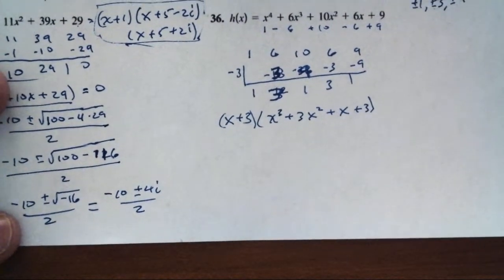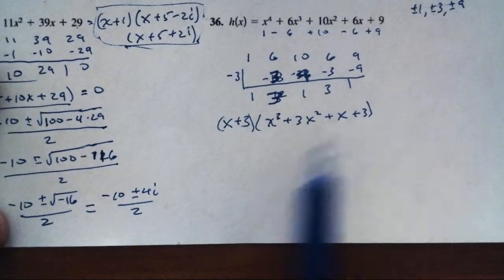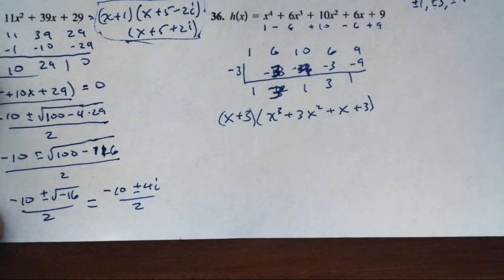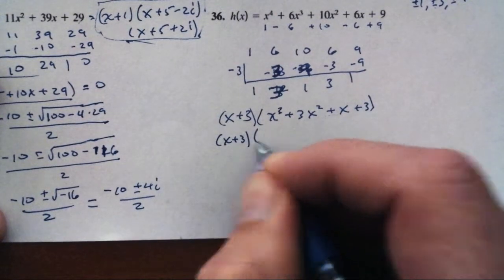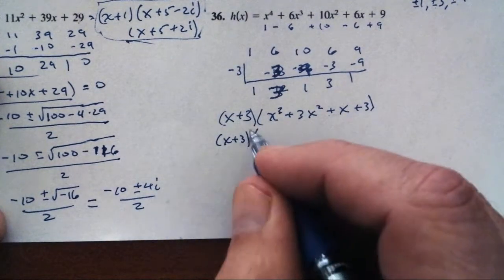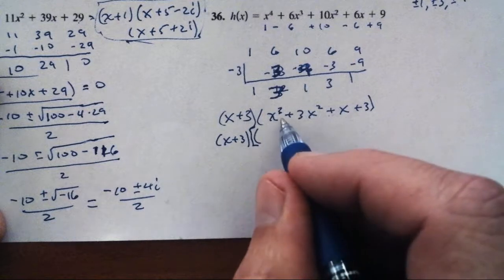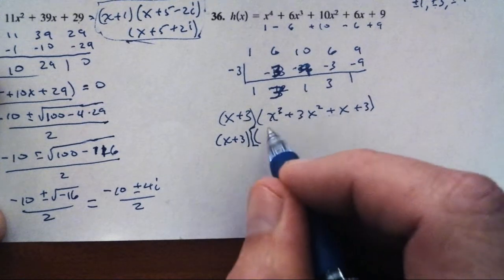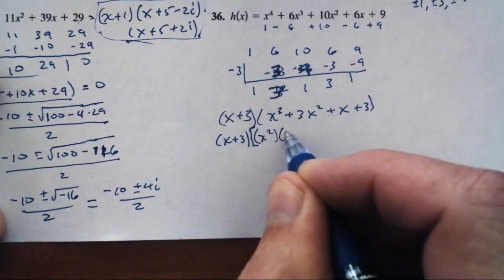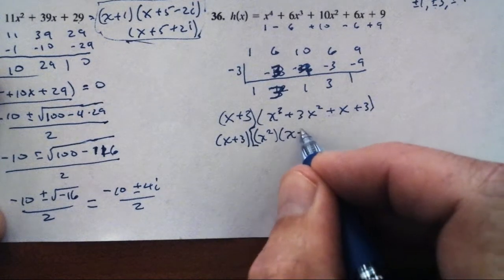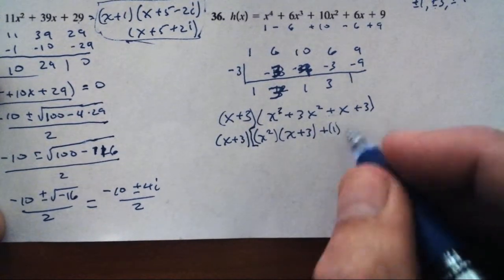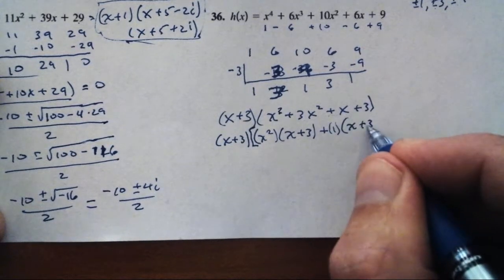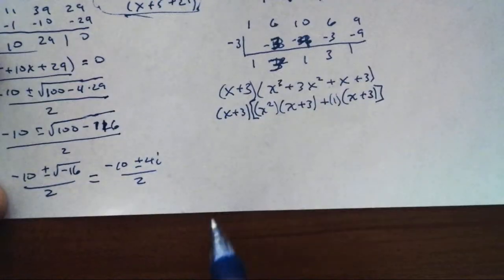And now, when I have 4 terms, maybe I can factor by grouping. Let's give that a try. Out of these two, I can factor out an x squared, and I'm left with an x plus 3. Out of here, if I factored out a 1, I'd be left with an x plus 3 as well.